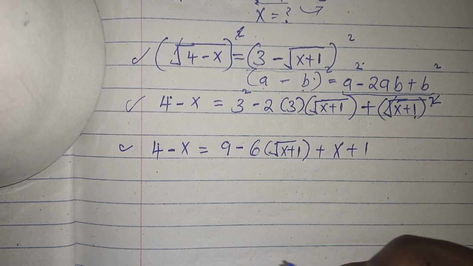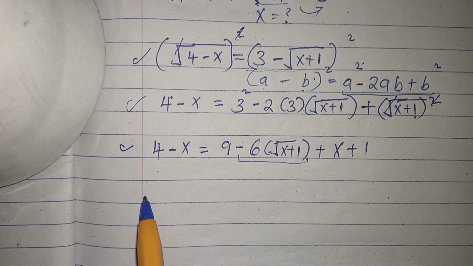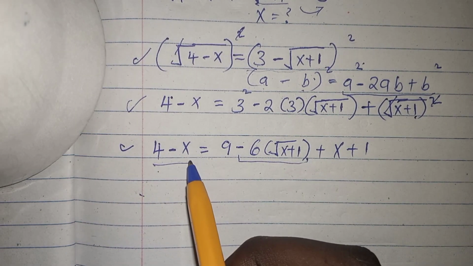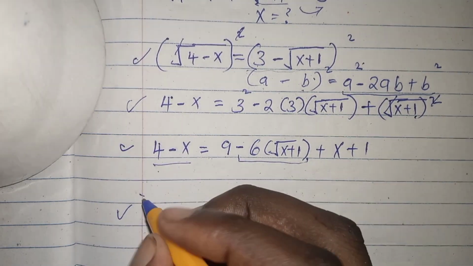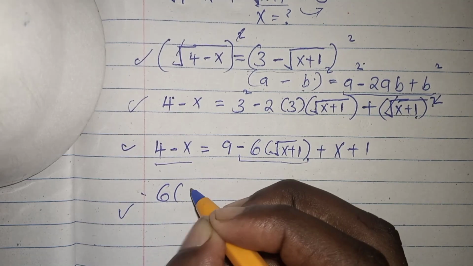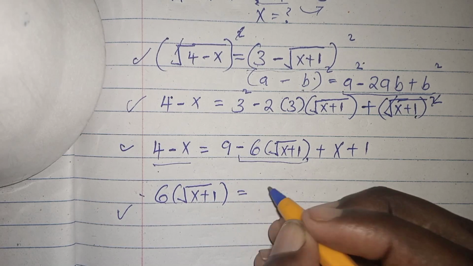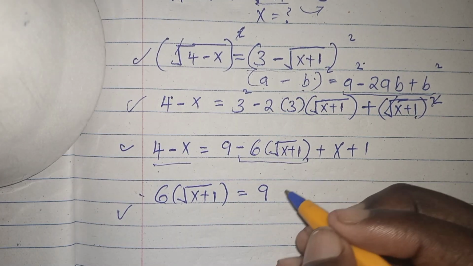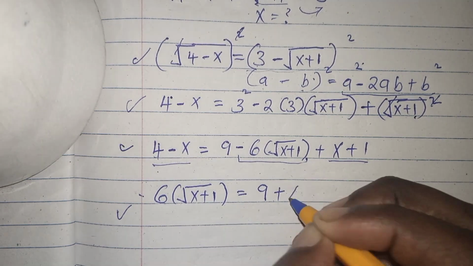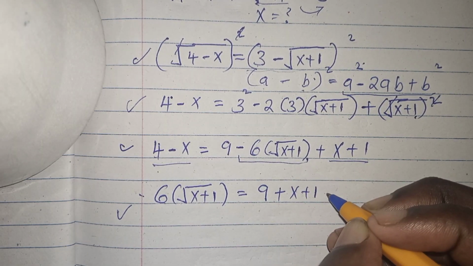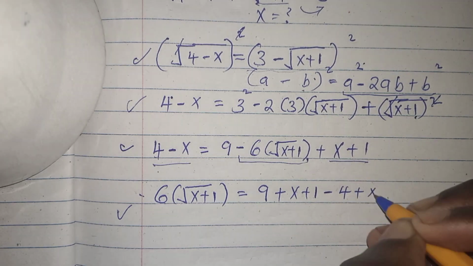Okay, so our next step, we shall now bring this to our left hand side and bring this to our right hand side. So this is negative, therefore this will remain as positive. So 6 square root x plus 1 is equal to, so this is 9. Then we are bringing this to the other side and we are left with this. So this is plus x plus 1 minus, so this is 4 plus x.